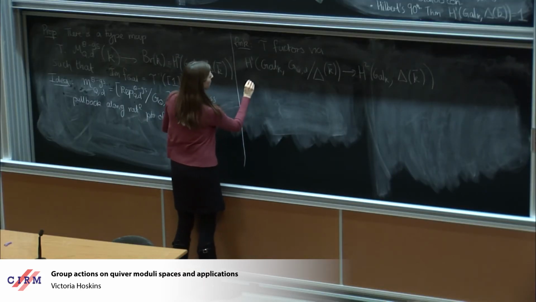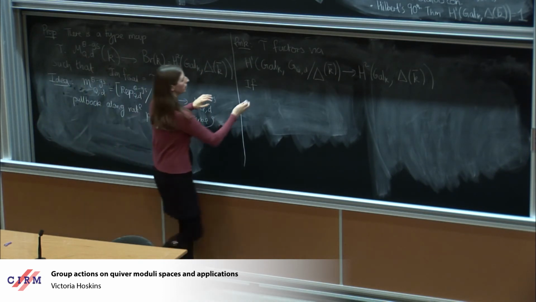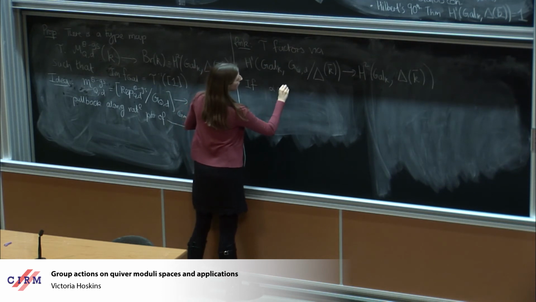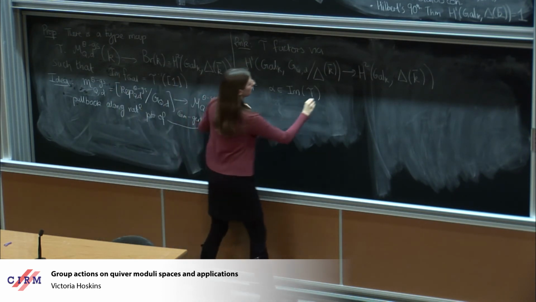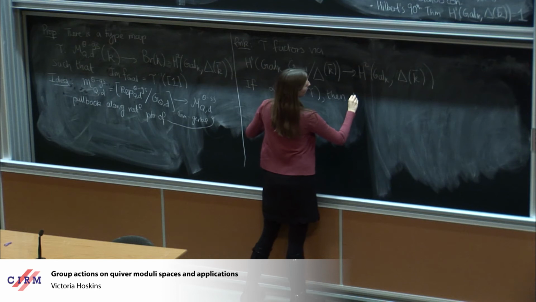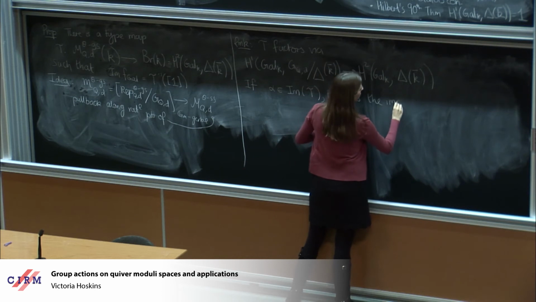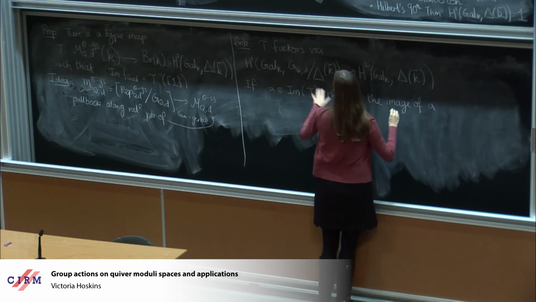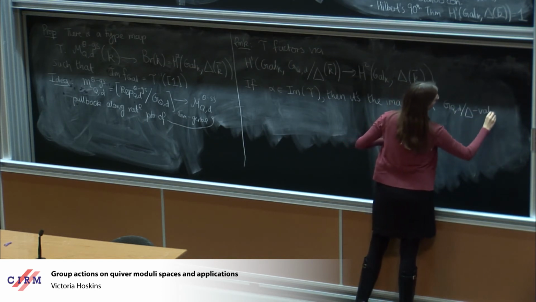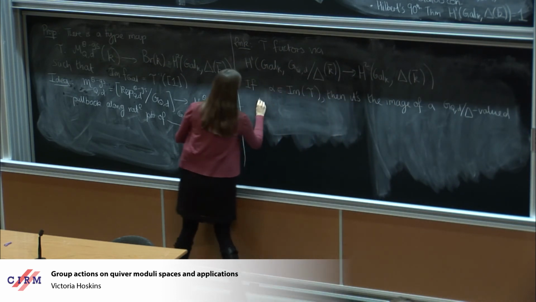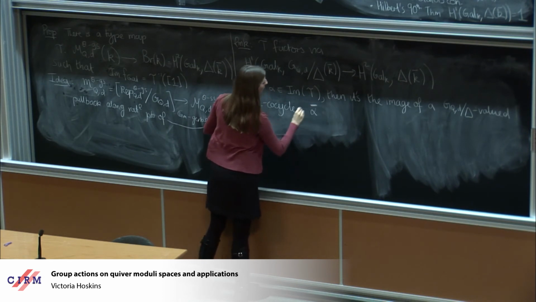And so in particular, if you have a Brauer class in the image of the type map, then it's the image of a one cocycle, which I write as alpha bar.